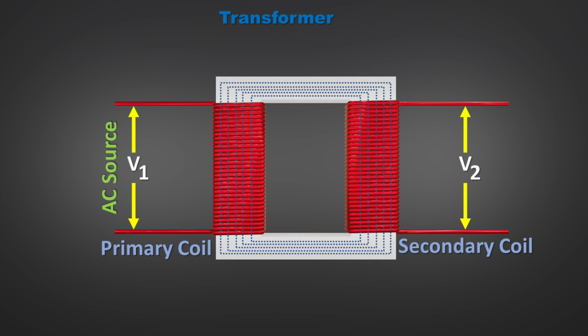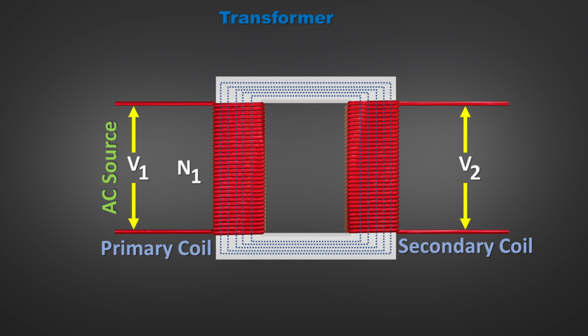We will consider that the first winding is connected with the supply. It is referred to as the primary winding. Now, if this primary winding has N1 number of turns and the supply voltage or induced voltage across the primary winding is V1, then the voltage per turn in the primary winding is V1 by N1.